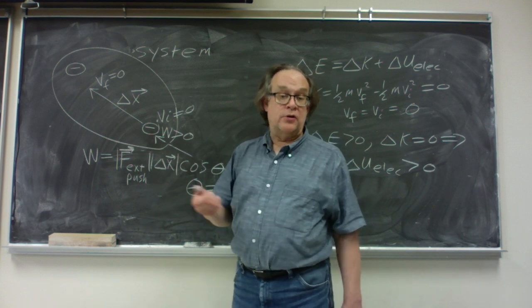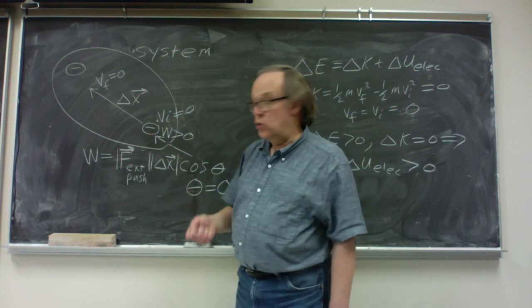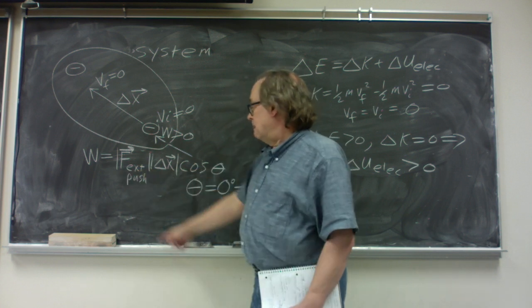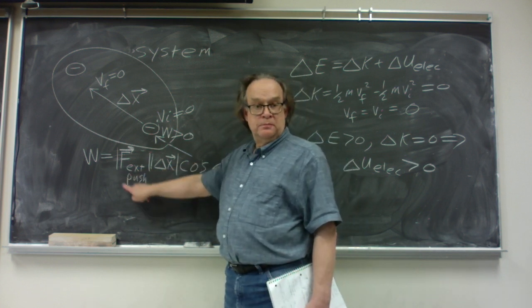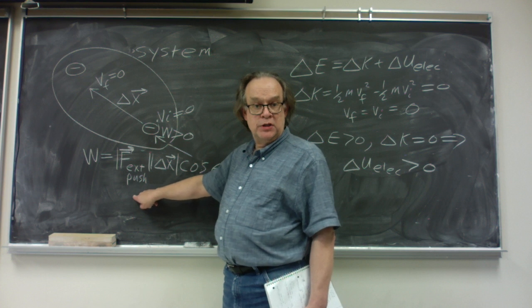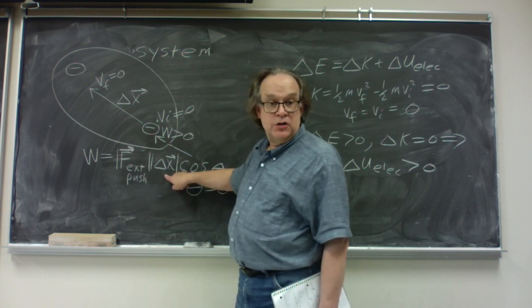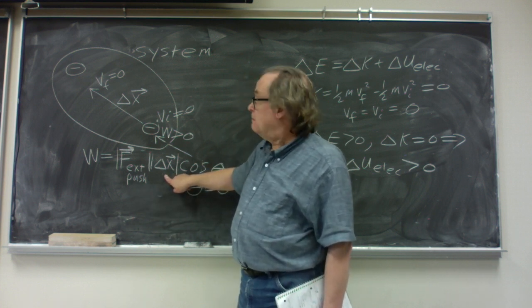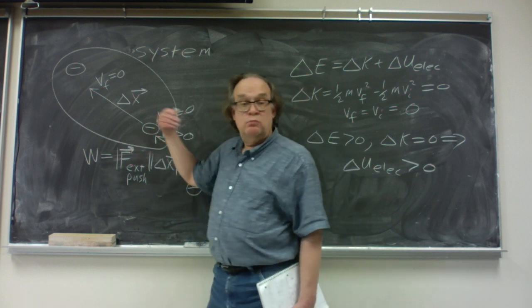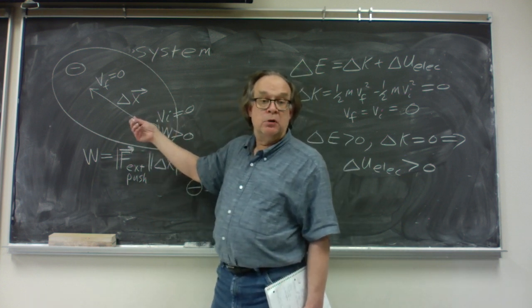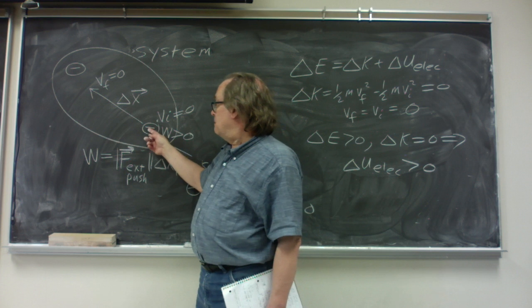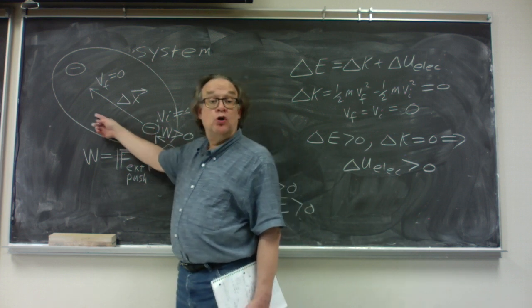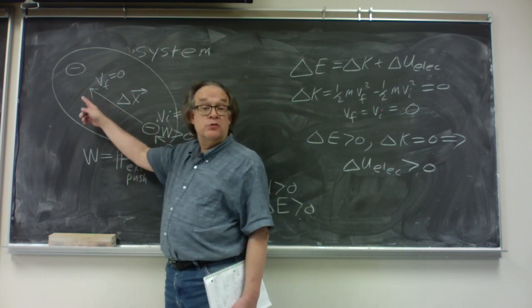And the rule for calculating how much work looks like this. Magnitude of the force, which is my external push in this case, times magnitude of the displacement. We're really thinking of a simple model here where this particle is just pushed along a straight line from the start to the finish.